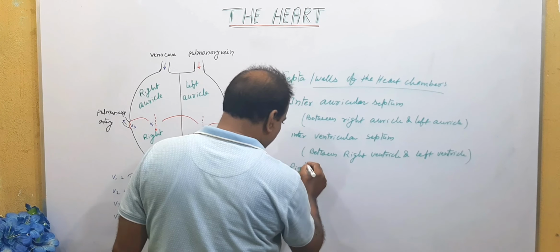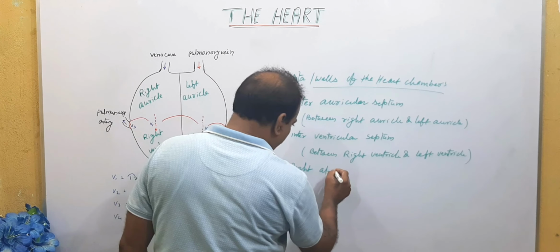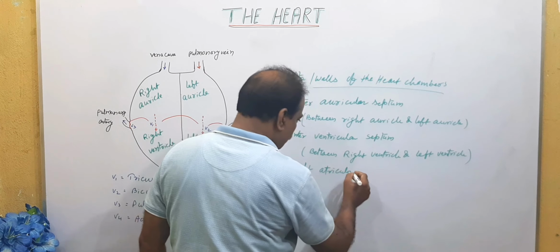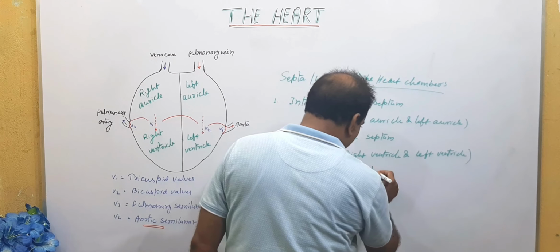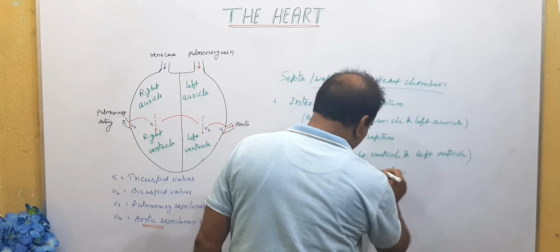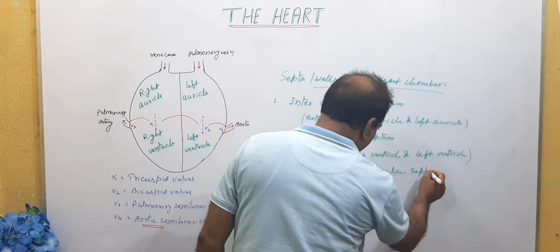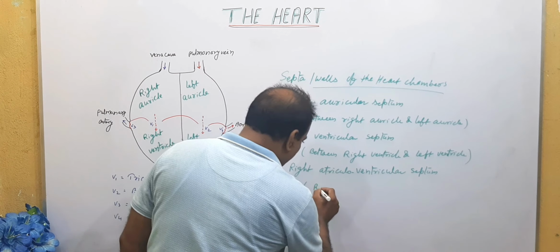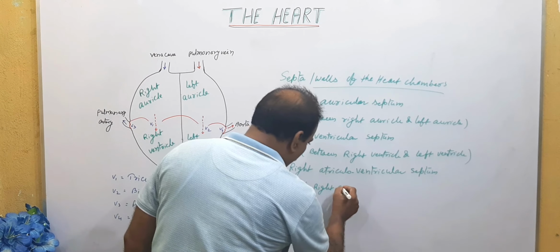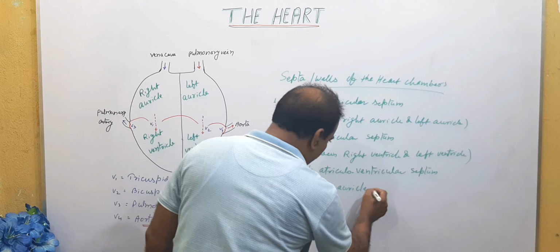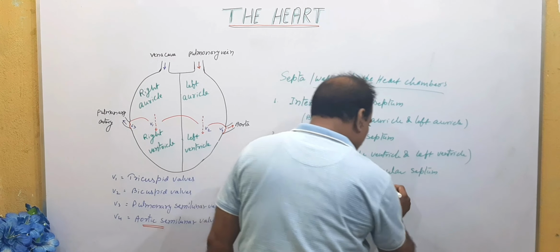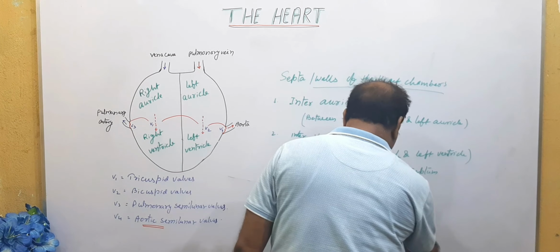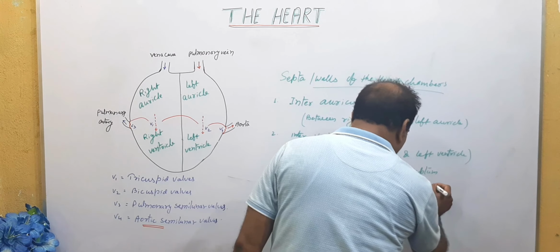Third is right atrioventricular septum, and it is located between right auricle and right ventricle.